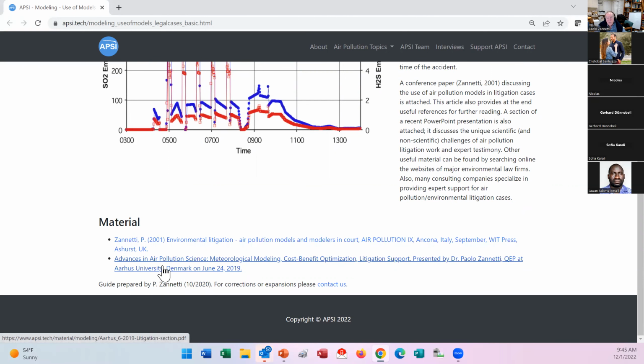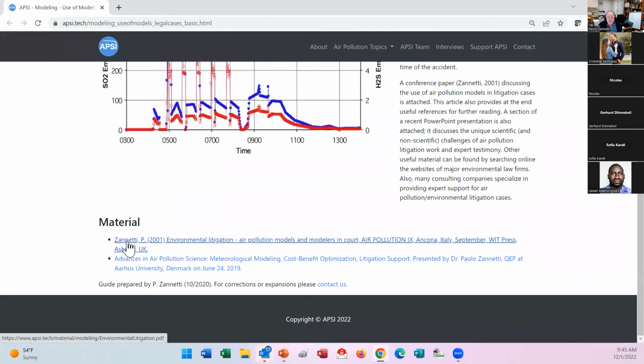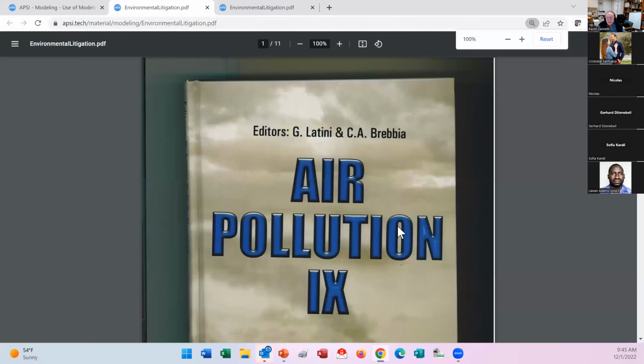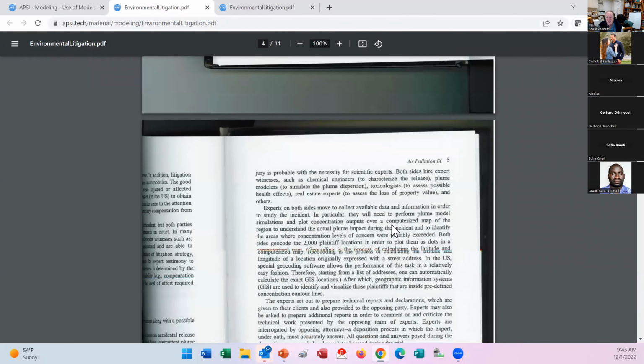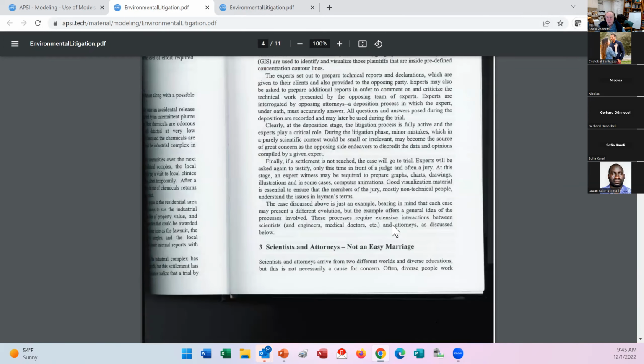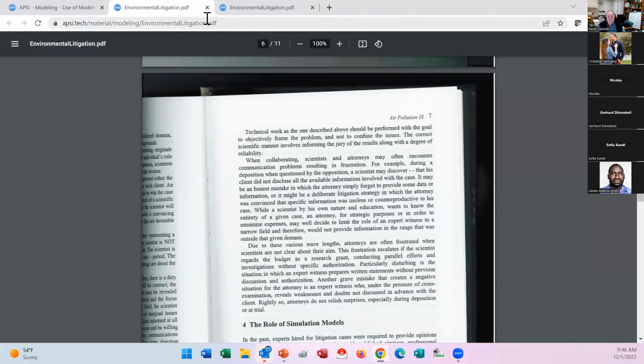So if you are involved in litigation in the future, you may want to give a look to, for example, this article, I think was a short article of a guideline to scientists about working on litigation. That is not easy.